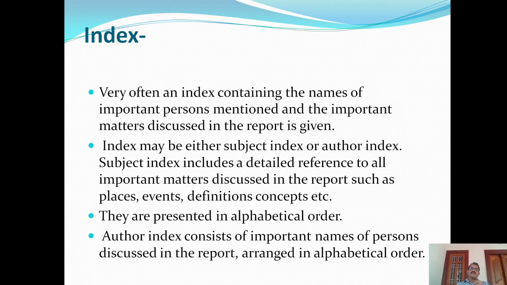Index. Very often, an index containing the names of important persons mentioned and the important matters discussed in the report is given. Index may be either subject index or author index.